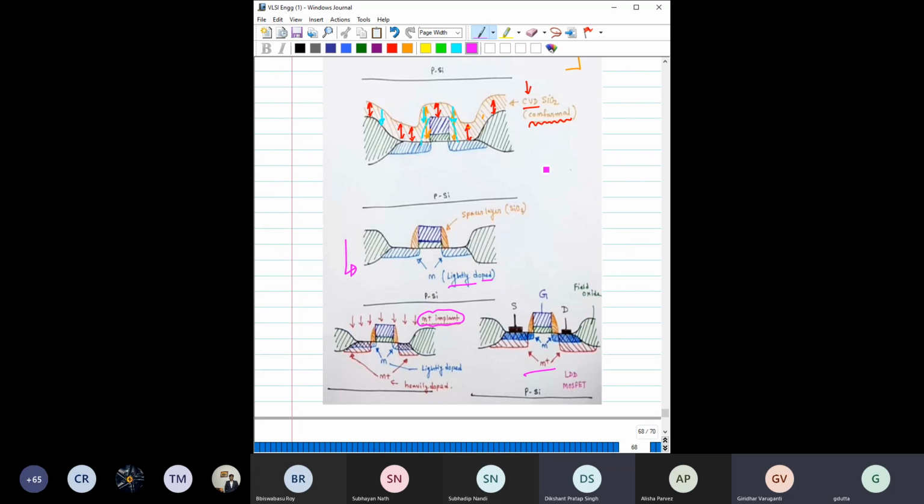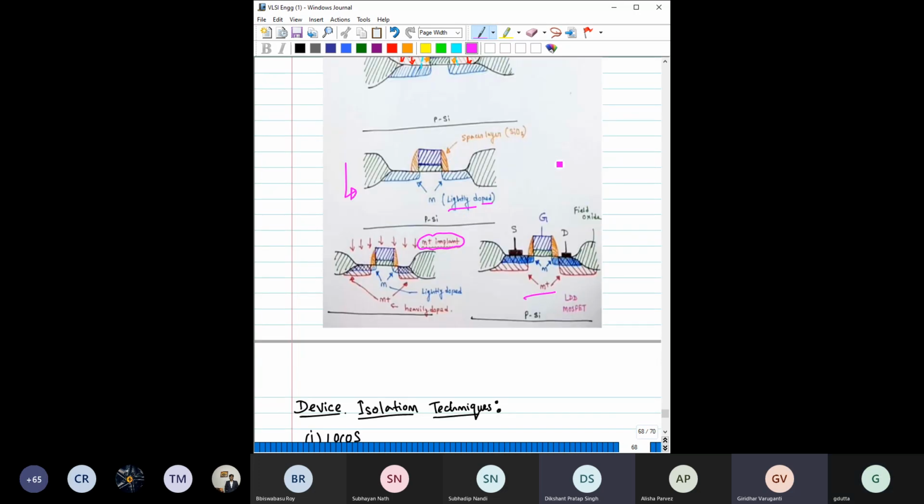Just by using a couple more steps, you can solve the problem of hot electrons or high energy electrons. This is the fabrication technique for the LDD structure. All these details and the step-by-step process have been written in this document, which I will share with you.